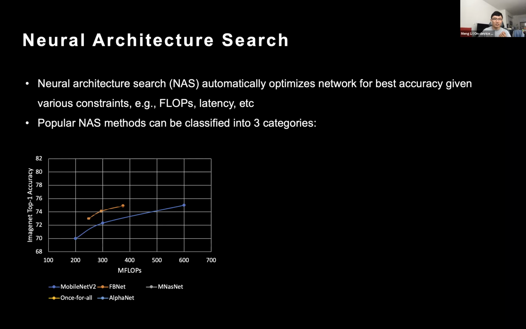On one hand, as shown in this figure, given a fixed compute budget, the accuracy of the networks has improved quite significantly. On the other hand, the search efficiency of neural architecture search has also improved by orders of magnitude, from tens of thousands of GPU hours to around hundreds.